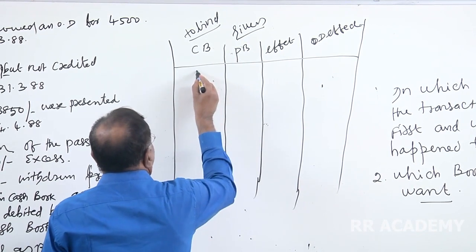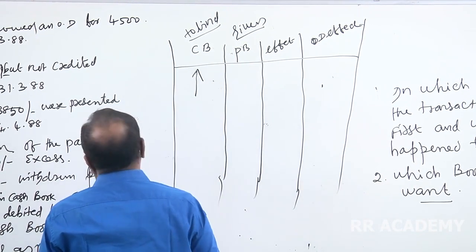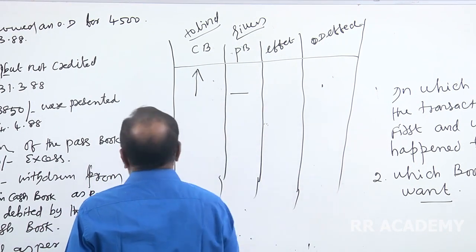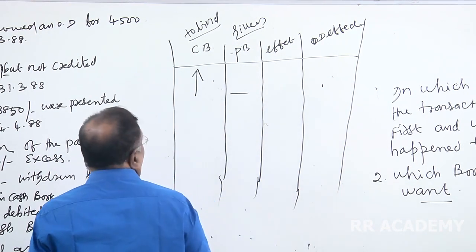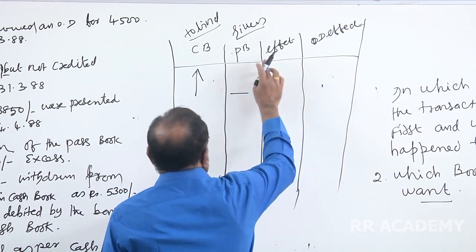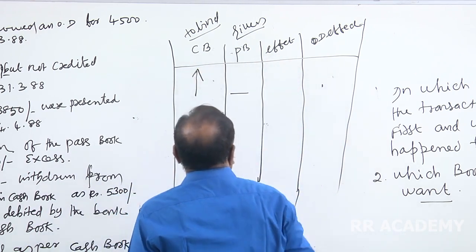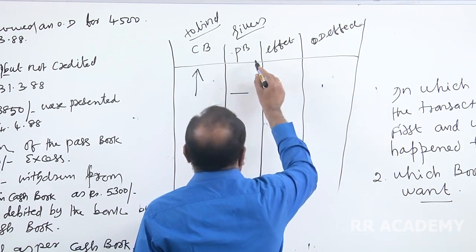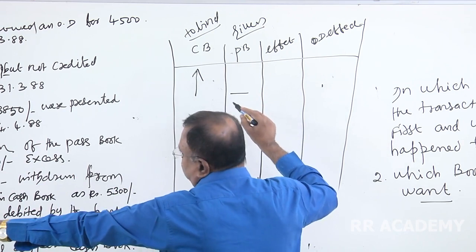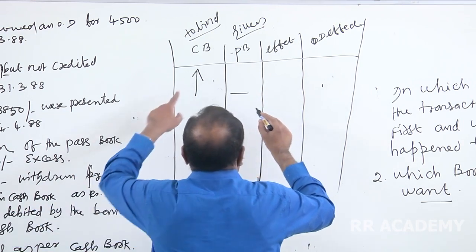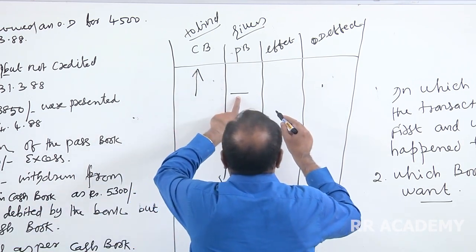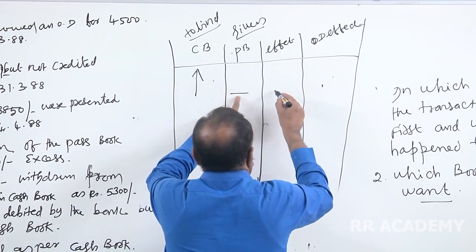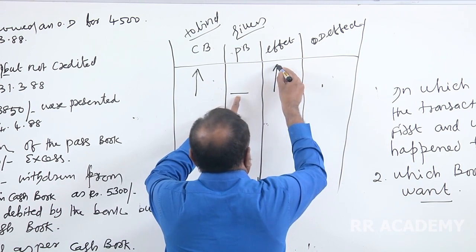Cash book balance increases. Fine. And passbook balance same. Fine. Now, effect to find. Which book balance do you want? Cash book balance you want. Passbook balance is given. You want cash book balance. Therefore, you must add.